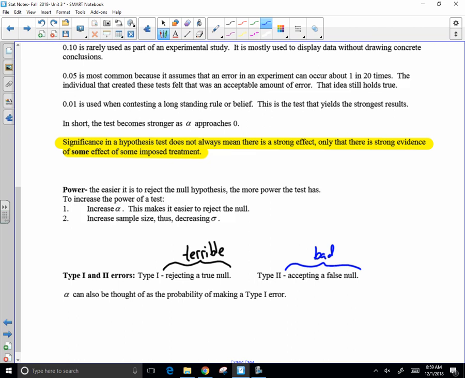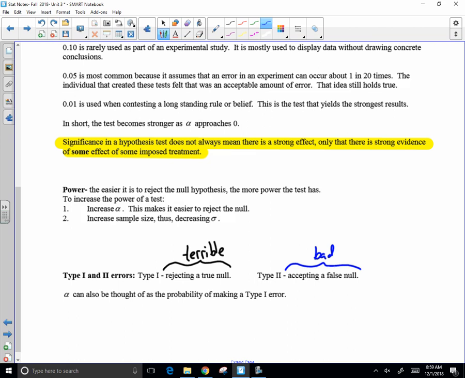So the long-standing rule that was dismissed would be, hey, it's okay to drink alcohol. We got rid of that and instituted prohibition. Type 1 error, rejecting a true null. Accepting the false null would be continuing to keep prohibition.